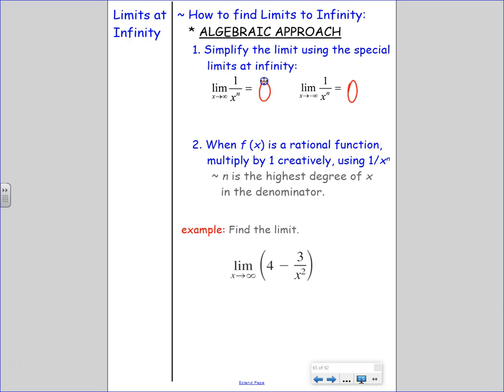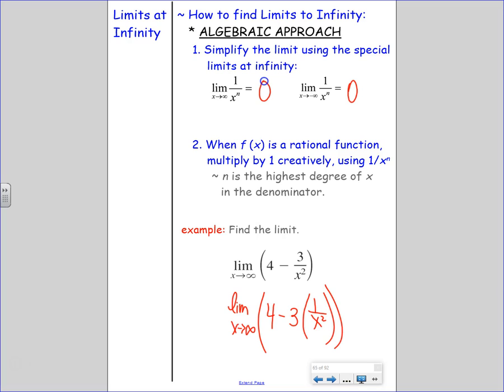And the step is to use these basic foundational pieces, multiply by 1 creatively using the 1 over x to the n, where n is the highest degree of x in any portion of the rational function. Now, the crazy thing about this example down below is we don't actually have to multiply by 1 creatively at all, because we could rewrite this as the limit as x goes to infinity of 4 minus 3 over x squared.